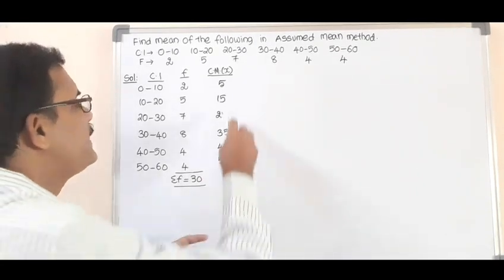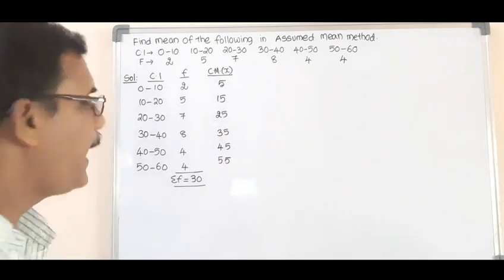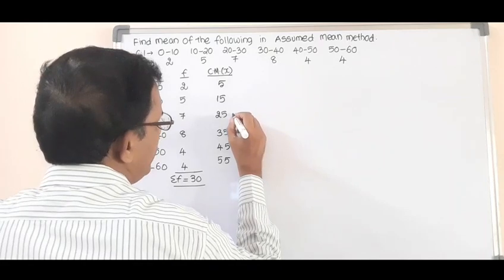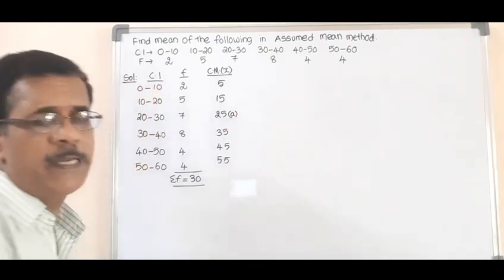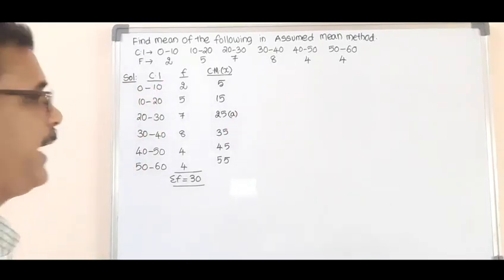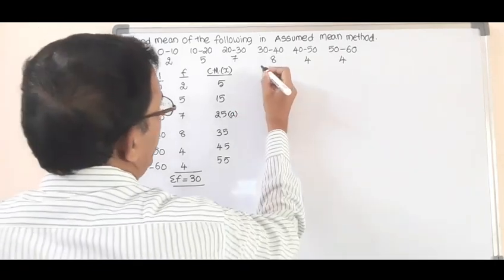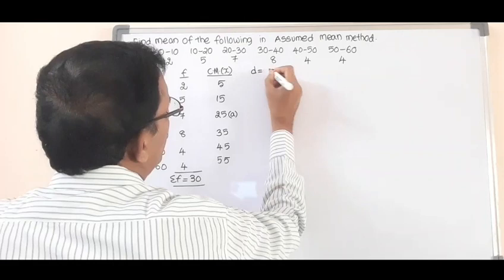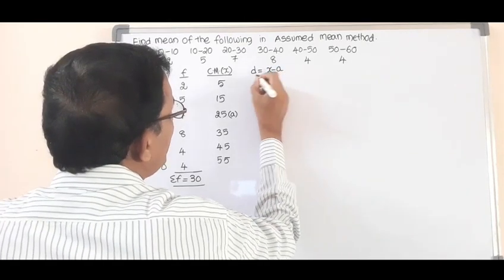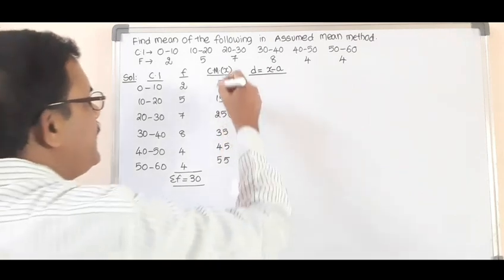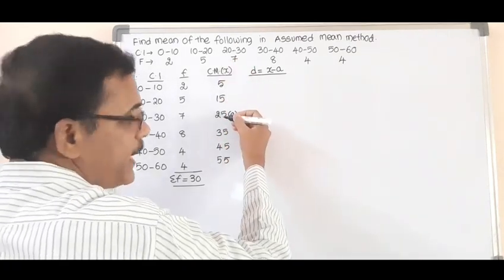Now these are class marks. We have to take any one of these class marks as A. So I am taking 25 as A value. Now next column is D, that is equal to x minus A. D means deviation. These are all x values. A means 25.